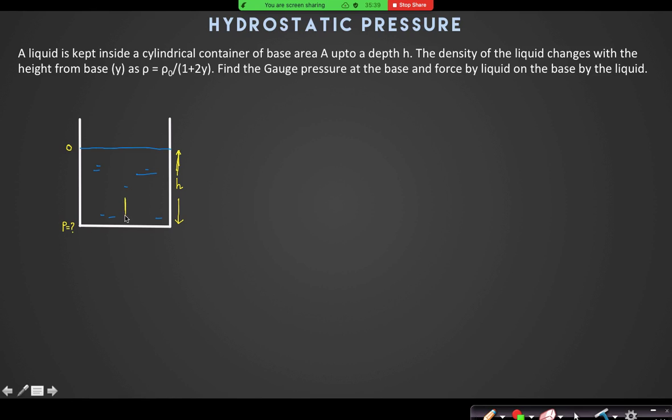I can take a height y and find dp by dy, which is minus rho g. So dp is equal to minus rho naught by (1 plus 2y) into g into dy.